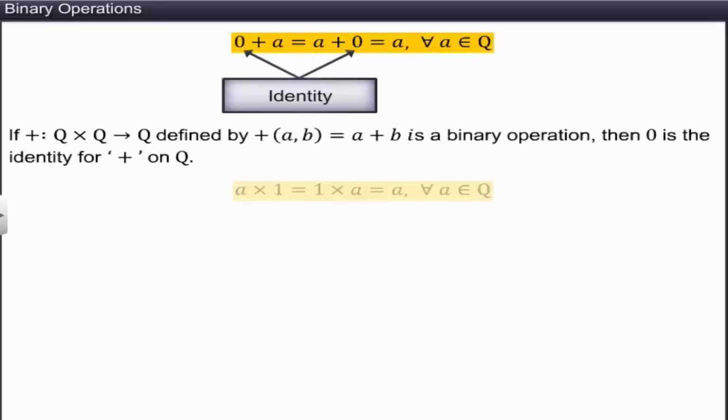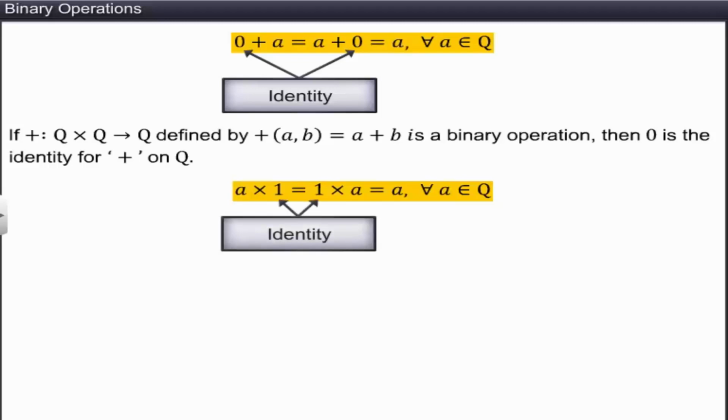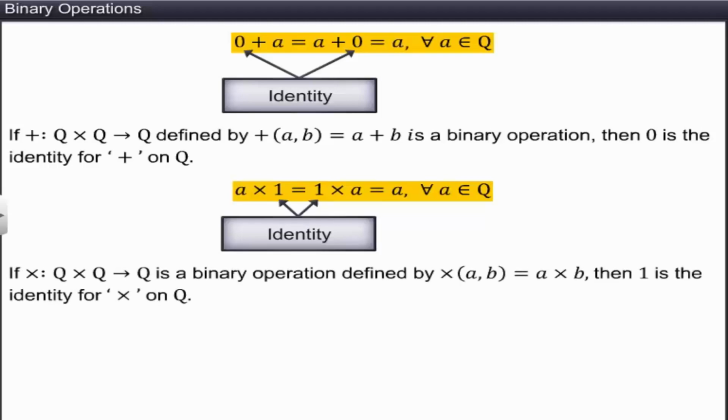Also, on multiplying any rational number a by 1, we get a. Hence, we can say that 1 is the identity for multiplication for the set of rational numbers. Therefore, we can say that 1 is the identity for multiplication on set Q of rational numbers.